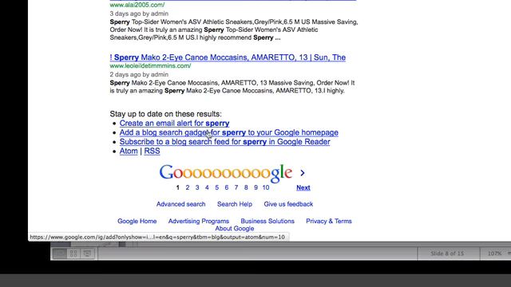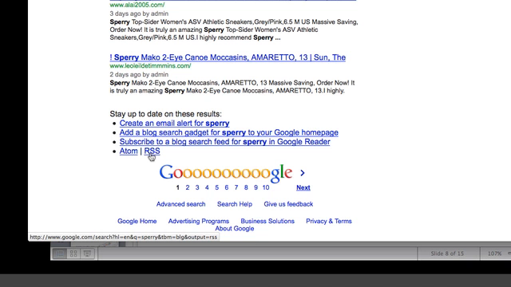I can sign up for email alerts, which means I'd get an email every time Sperry shows up in anybody's blog, whether that's this blog or that blog. Or I can add a blog search gadget to my Google homepage, or I can subscribe to a search feed, or I can get an RSS feed.